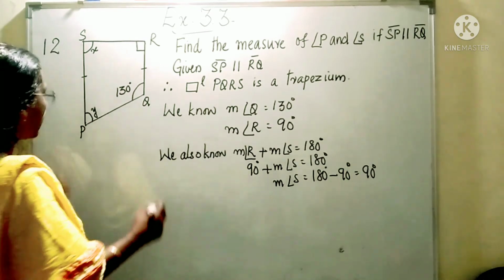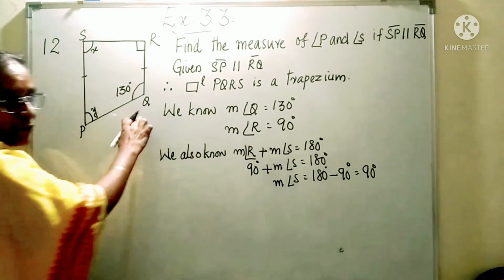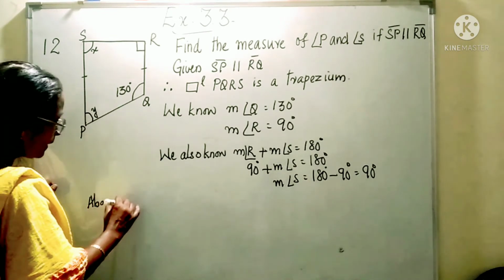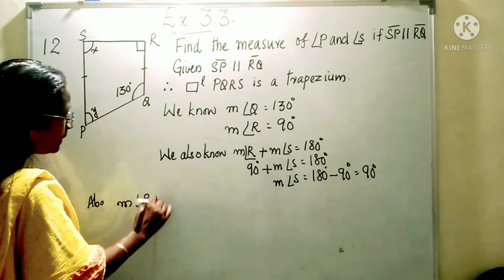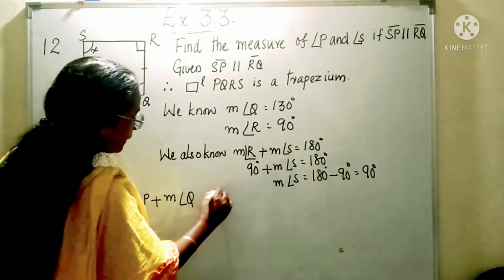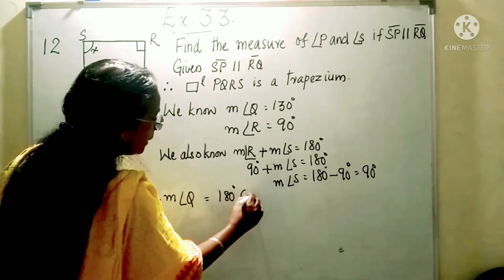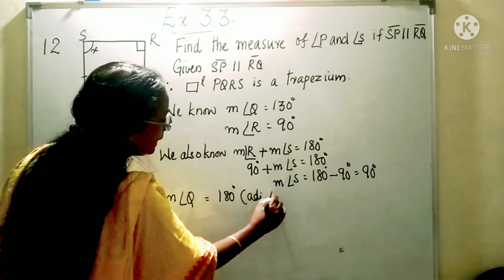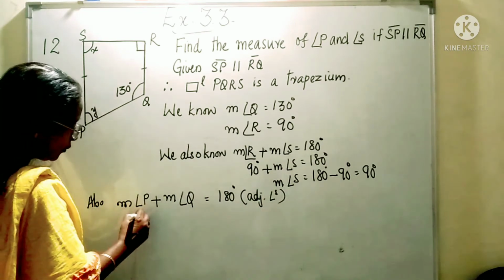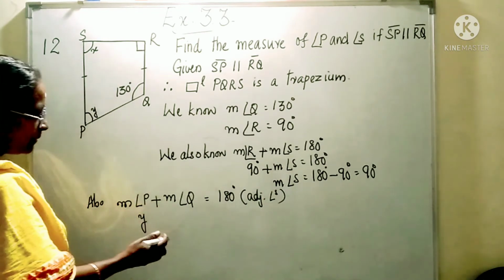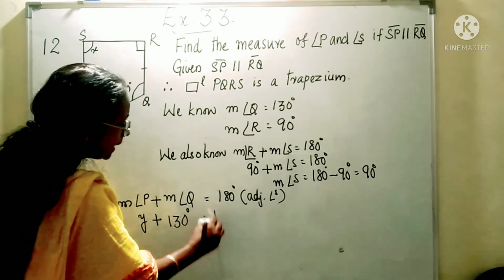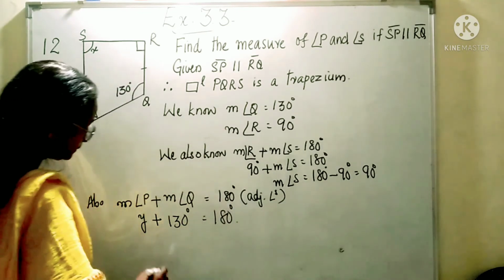Now we also know that these two angles P and Q are also adjacent angles. So measure of angle P plus measure of angle Q is equal to 180 degrees because they are adjacent angles. Measure of angle P we don't know. Plus 130 degrees is equal to 180 degrees.